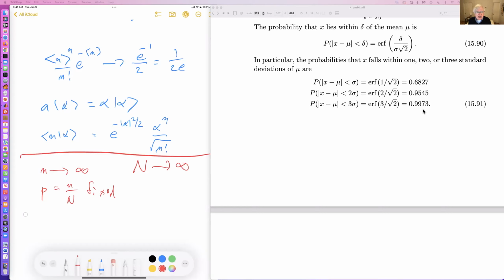In other words, the probability that a fluctuation, you see, in any experiment, what you're doing is you're typically averaging over many events that have different values.